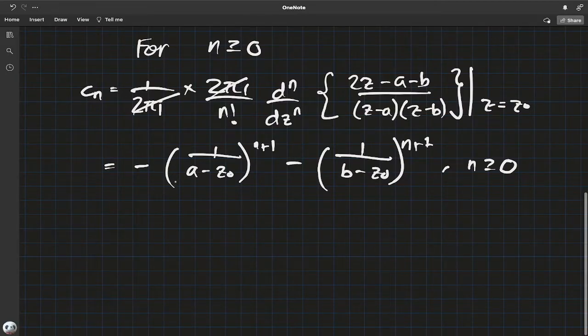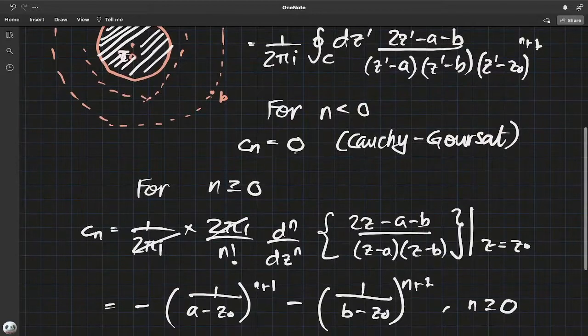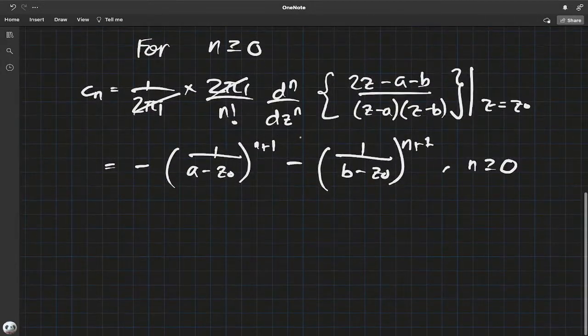Okay, so you see for the negative powers it's 0, and for positive it's greater than or equal.